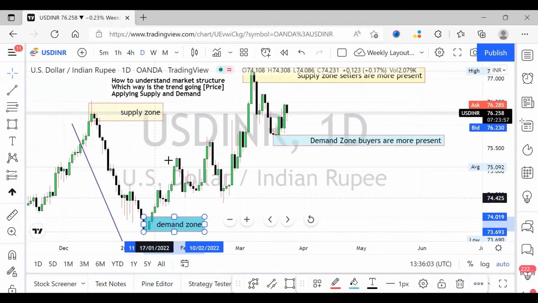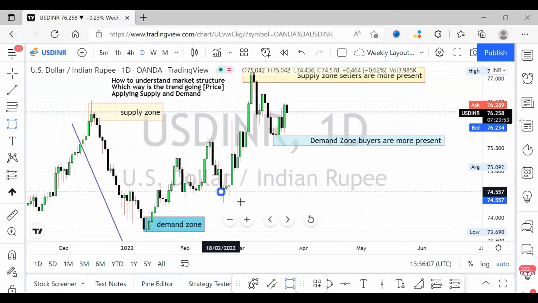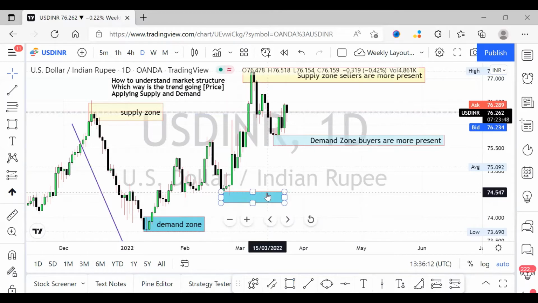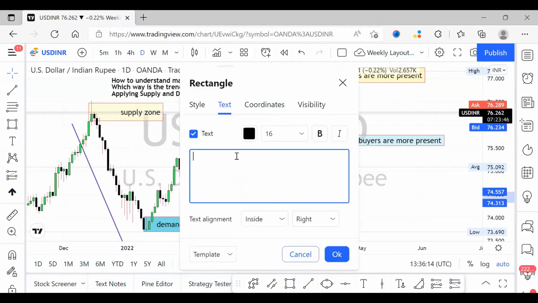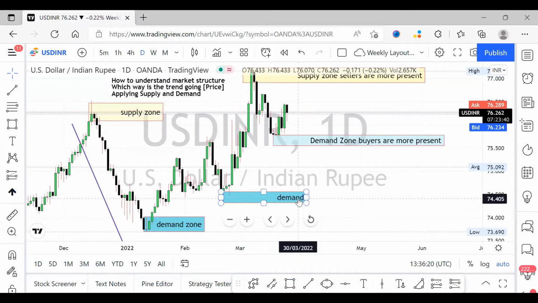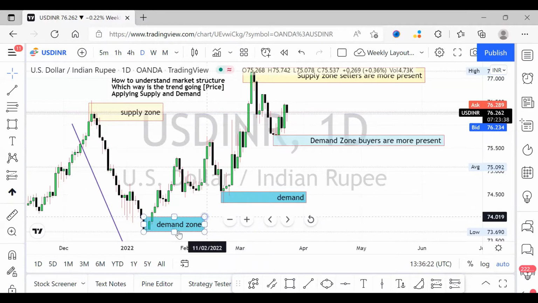As price goes further up, we mark our zones carefully where price reacted from. We identify whether it's a supply zone or a demand zone. In this particular area, price went from a demand zone, goes further up, does a little retest.